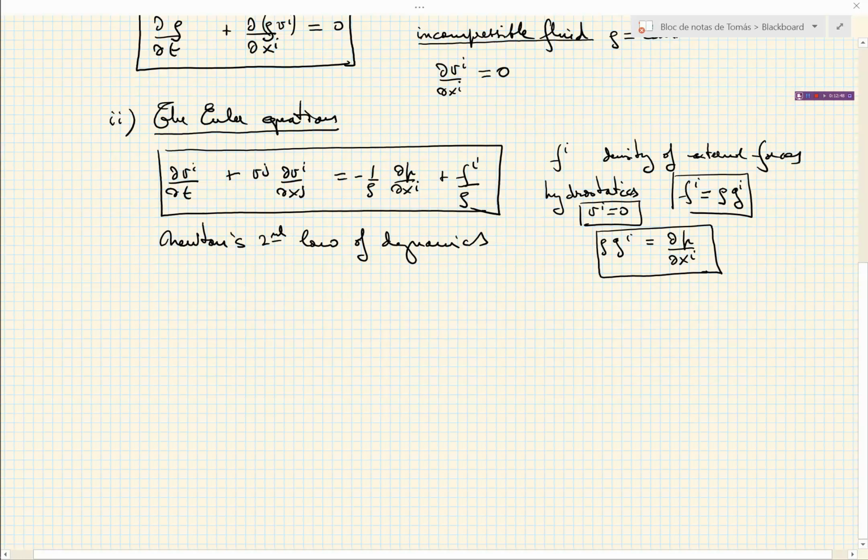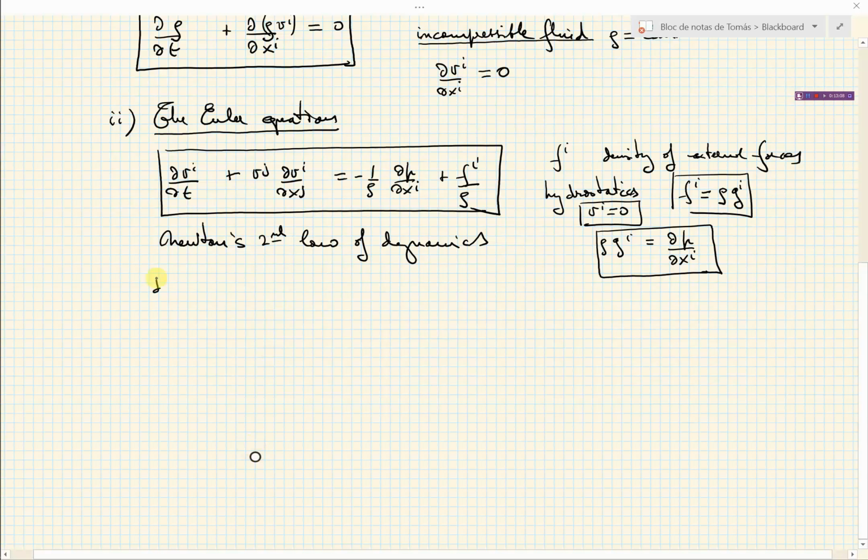So in order to explain how one can arrive from Newton's second law to the Euler equation, we think of the dynamics of a volume element of fluid, one of these fluid elements, and how it should move.